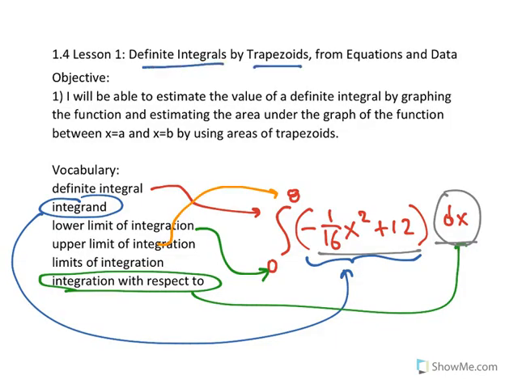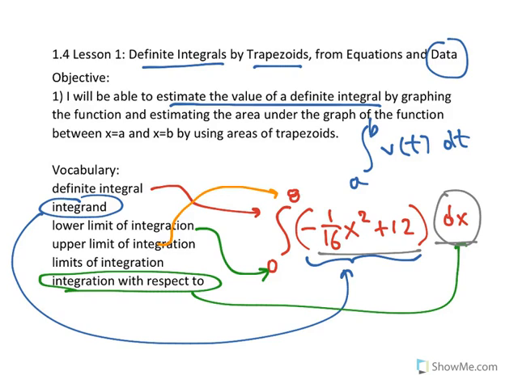So in today's lesson, we looked at definite integrals by trapezoids from equations and data, and in the example that we just looked at, we had some data and we were able to estimate the value of a definite integral which represented the distance traveled by the supertanker by looking at trapezoids, which would give us an approximation for the value of the definite integral of the velocity function with respect to time from time is equal to a to time is equal to b.